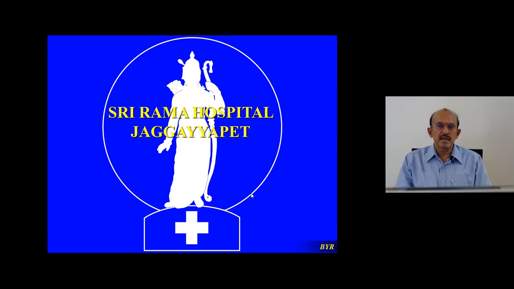The eschar is excised up to the living area, that means the viable skin that is identified by bleeding, by punctate hemorrhages, and you do grafting. This grafting helps to reduce the scarring and prevent the deformity and contractures.